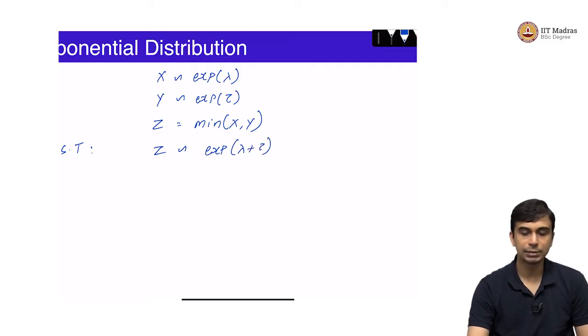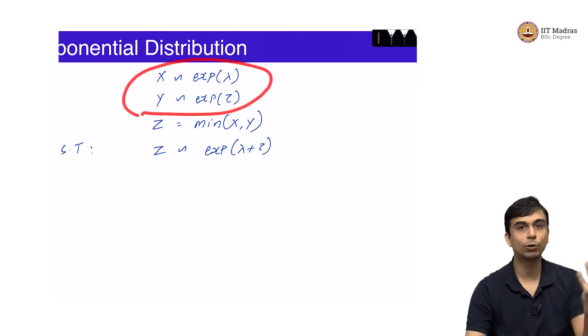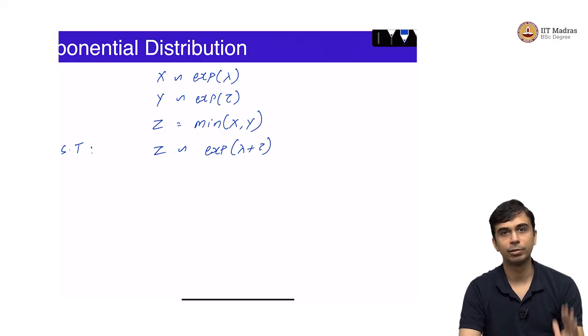This is particularly nice because you can interpret X and Y this way. Let us say you have a laptop and there are only 2 components, let us say CPU and RAM. Let us say the failure time of the CPU is exponential with rate 1 by 4 per year, 0.25 per year, and the failure time of the RAM, Y, is exponential with another 1 by 4 per year.